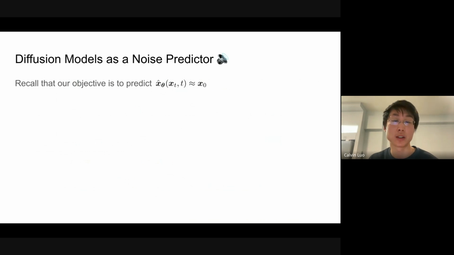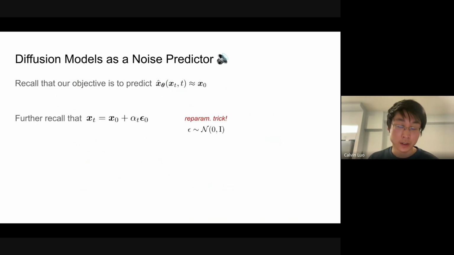Well, we recall that the objective we just derived is predicting a clean image x0 from a noisy version xt. And further recall that when we create xt, following that pink arrow, we do so using the reparameterization trick, which means that xt is constructed as x0 plus alpha t times some sampled Gaussian noise vector epsilon 0.